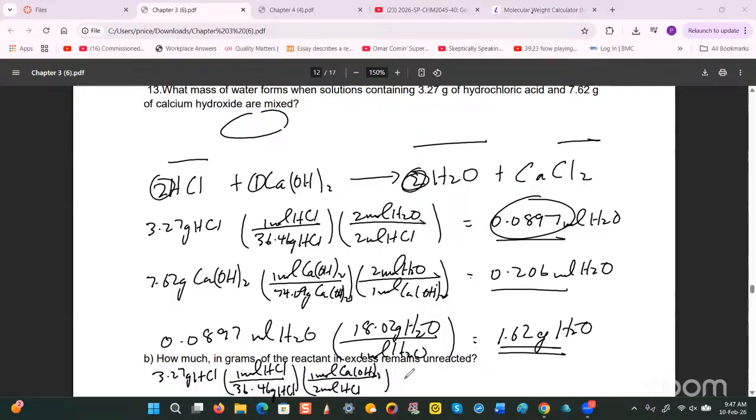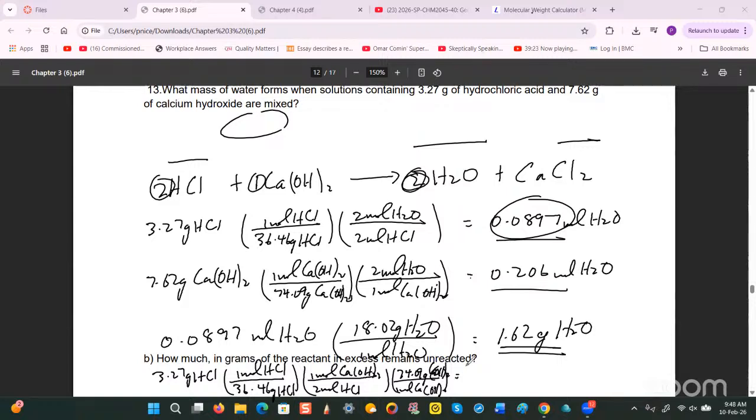And then the next conversion factor is that we convert the moles of calcium hydroxide to grams. So 1 mole of calcium hydroxide down here, and the mass of calcium hydroxide, which is 74.09, we calculated that earlier. Grams of calcium hydroxide, all right? So this is what we have to work out first, right? So let's see what that gives.